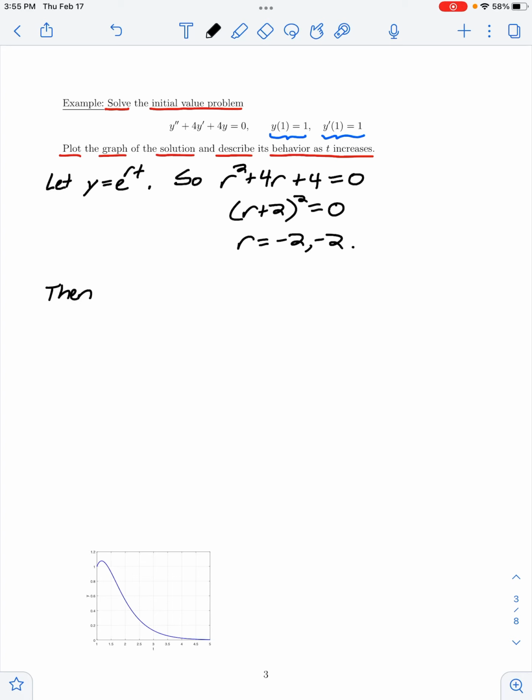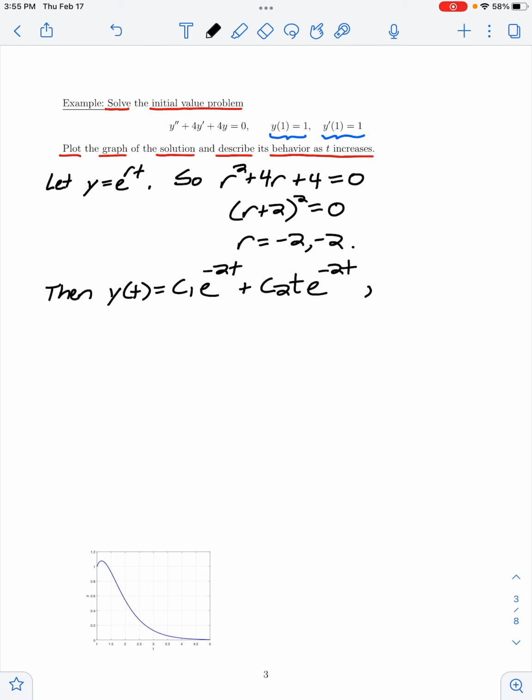So in this case of repeated real roots, our general solution, y of t, would have the form c1 times e to the negative 2t plus c2 times t e to the negative 2t.